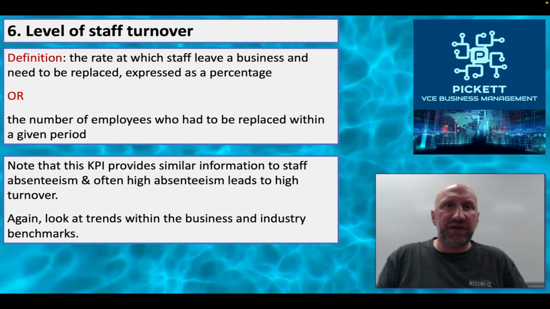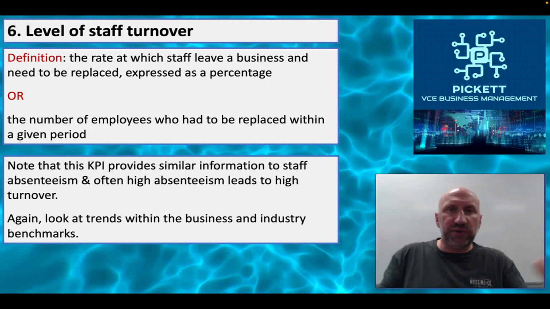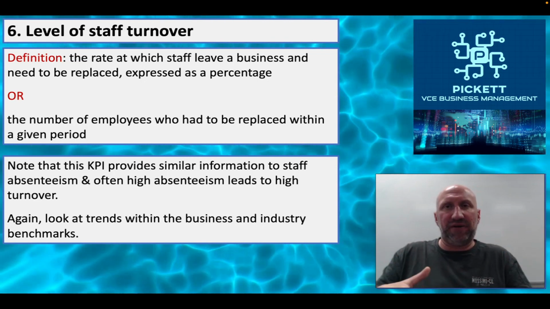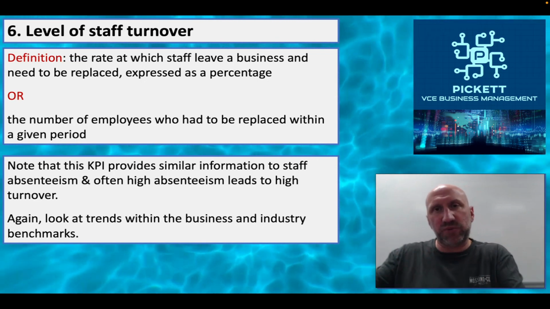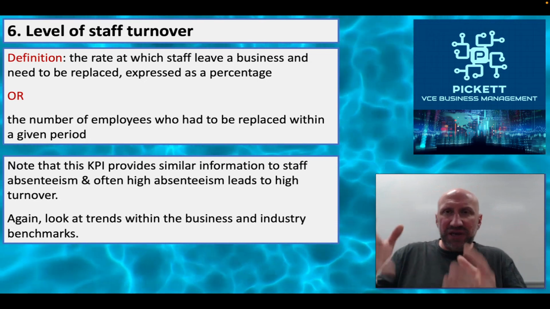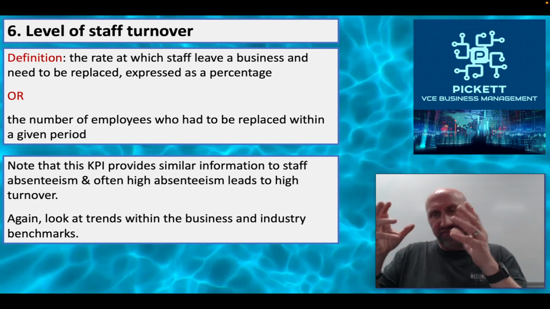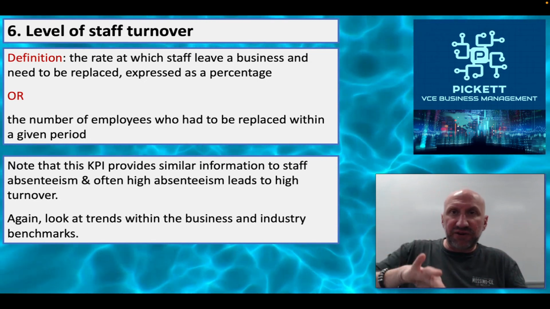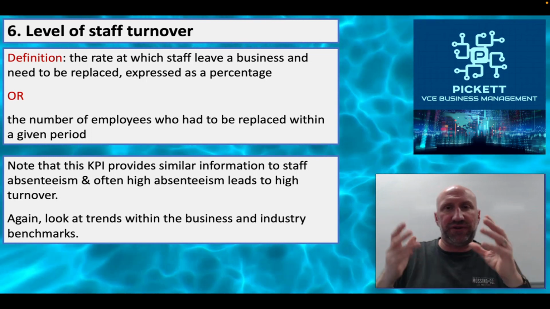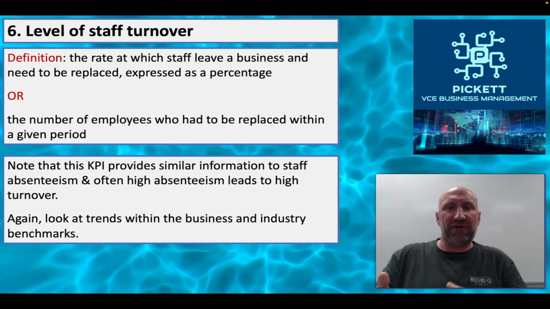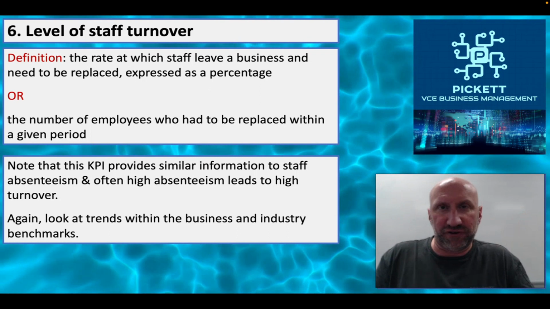Doesn't mean anything. They're different types of businesses. Naturally, you would expect it to be more. You need to compare like for like, apples with apples, oranges with oranges, and then look within your own business. That 5% and that 40%, is that on an upwards or a downwards trend? That's the important information, not just comparing a law firm with a fast food restaurant.